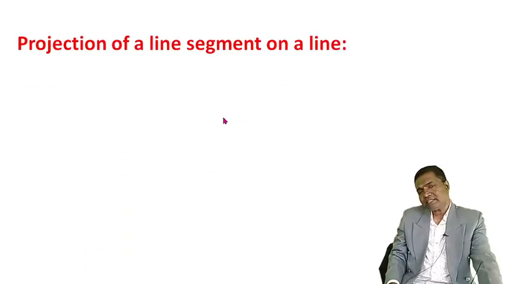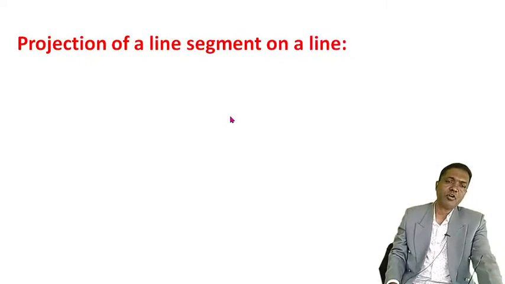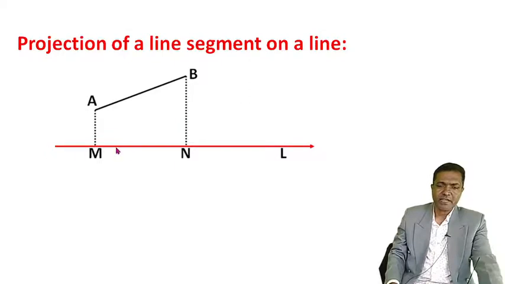First let me tell you what the projection of a line segment on another line is. Here is a line L and here is a line segment AB. The projection of this line segment on the line L is the distance between the two feet of perpendiculars drawn from A and B.